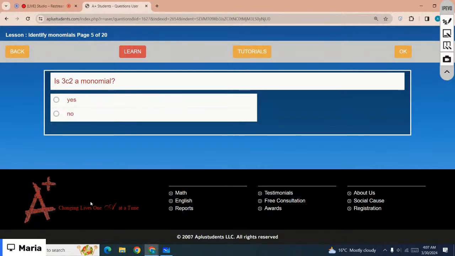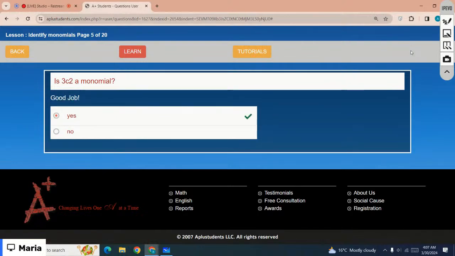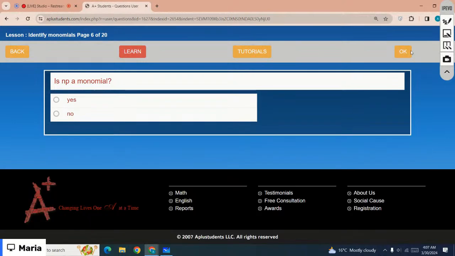The correct option is yes, it is a monomial, right? Is NP a monomial? The correct option is yes, it is a monomial, right? Okay, you can complete the lesson by yourself later today. Let me just move on to the next lesson.